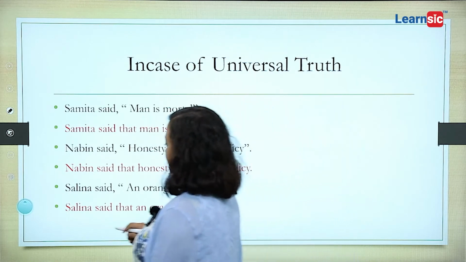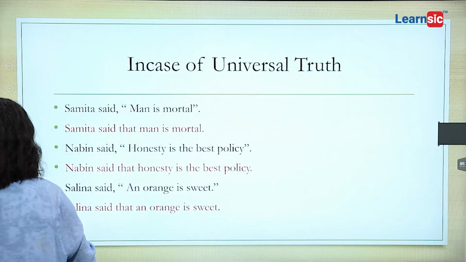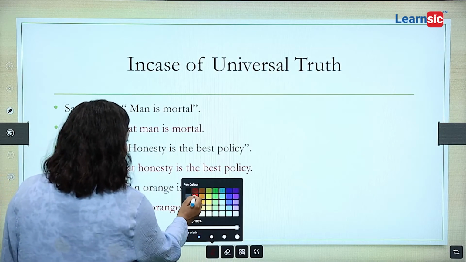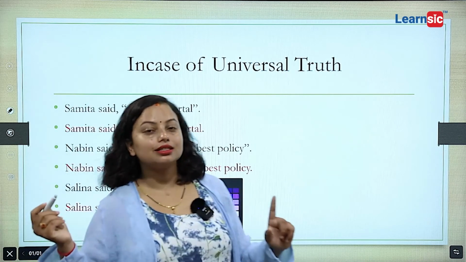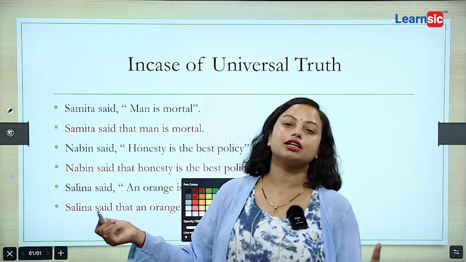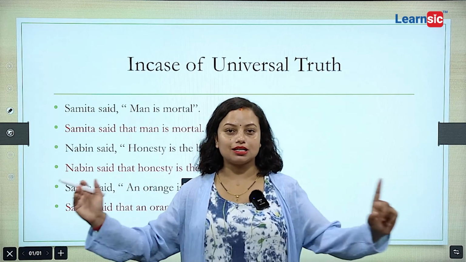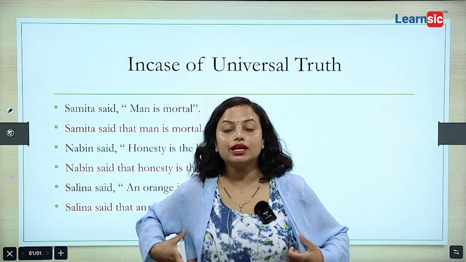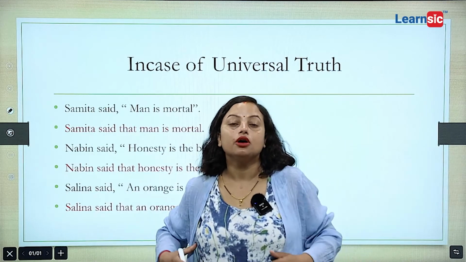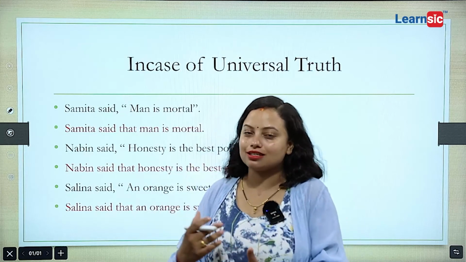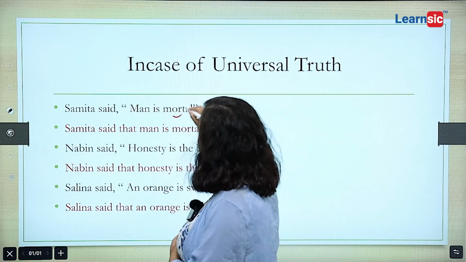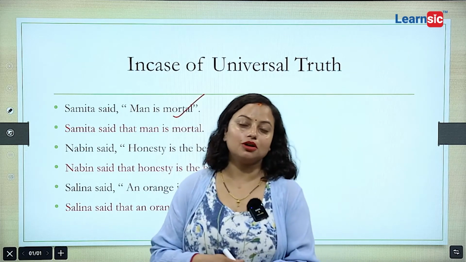Universal truth is always irrefutable, nobody can deny it. We can't deny the things, because that is a truth, a fact found through research, and we generalize it. That we can apply the very things into the big masses of people. We can exactly generalize the things. So, man is mortal. People in Nepal die, people in India die.